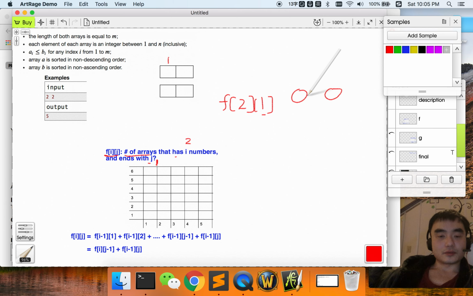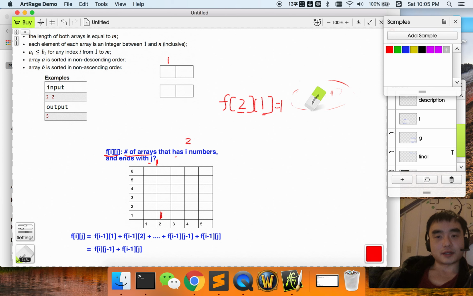And it ends with 1. So we fill the second slot with 1, right? So what can be put into the first slot? We have only one option, that is put 1 here, right? So F21 equals 1 because we only got one possibility.